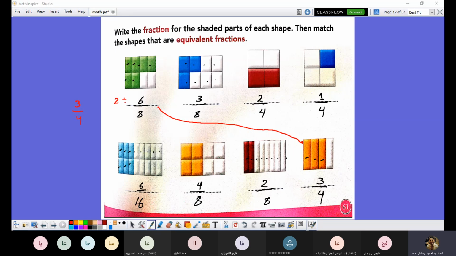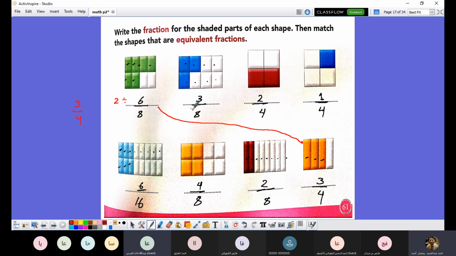Who can help me in the next shape? 3/8. Abdullah Al-Harbi. Yes. 3/8. What was the equivalent fraction here? 6 of 16.